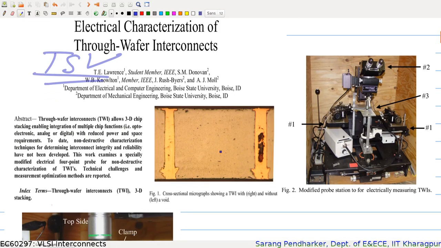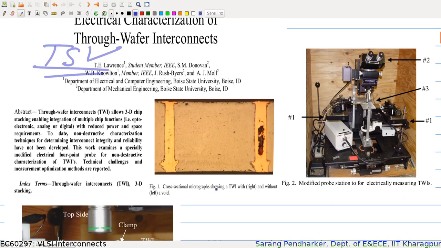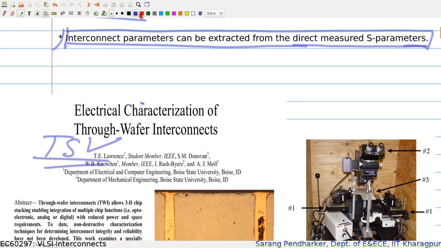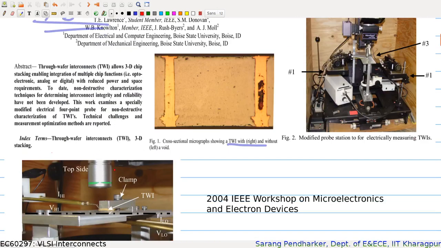In this paper they show this through silicon via, or through wafer interconnect. Here is the cross sectional micrograph showing this. On the right there is this interconnect. You can see that there are defects around here, and here a void is also created.